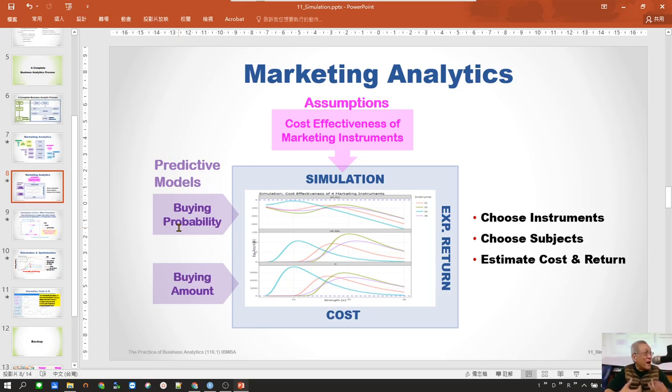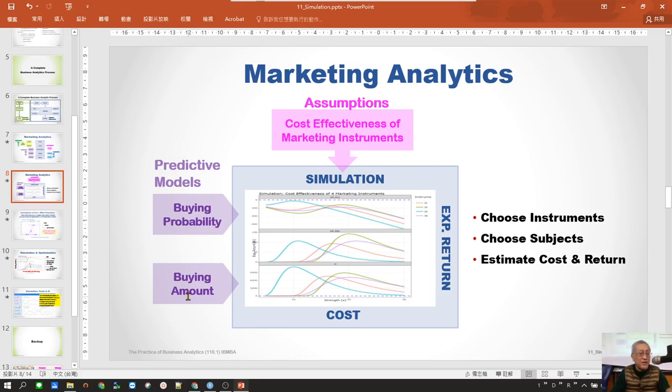Buy or no buy is a categorical prediction, and as I have mentioned again and again, categorical prediction is basically predicting the probability of each category. So we already built a logistic regression to predict the probability that each customer will buy from us next month.